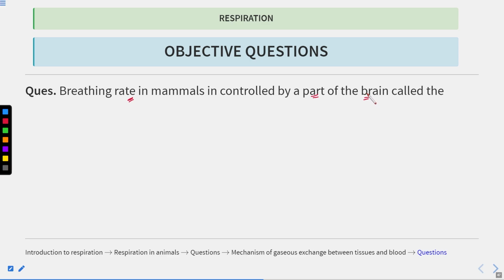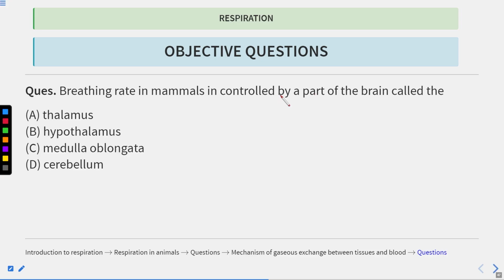It is controlled by the autonomous nervous system. But in case of vigorous exercise, or when there is a deficiency of oxygen in the blood, then breathing rate can change. Now, what is the region of the brain that helps to regulate or control the breathing rate? Now, let's have a look at the options.